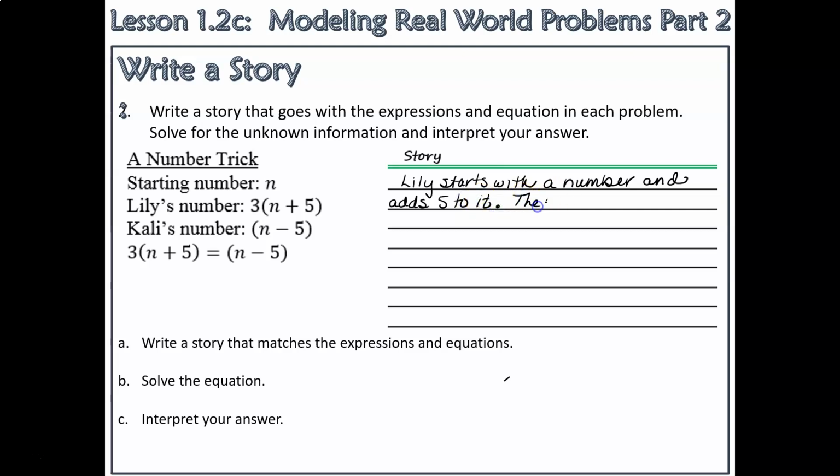And then she multiplies the sum by 3. Callie starts with the same number, but subtracts 5.